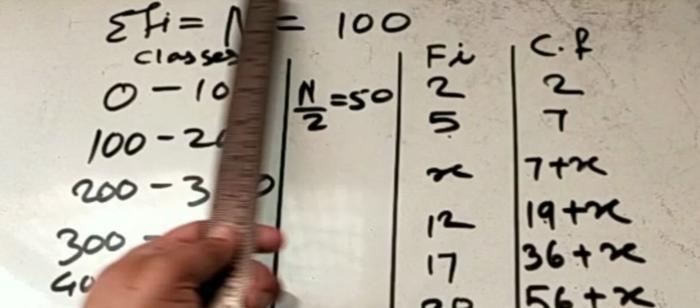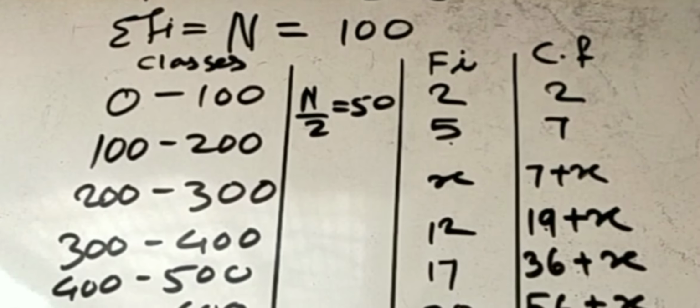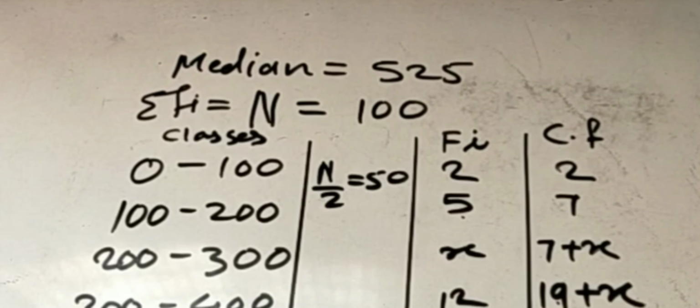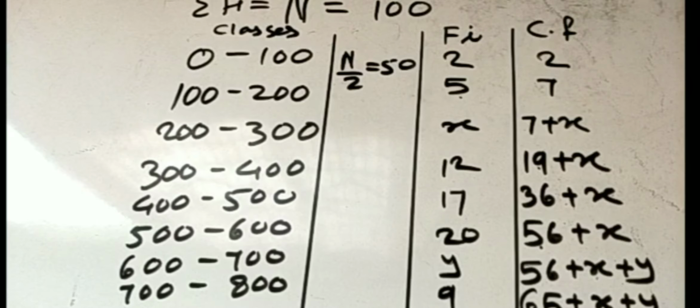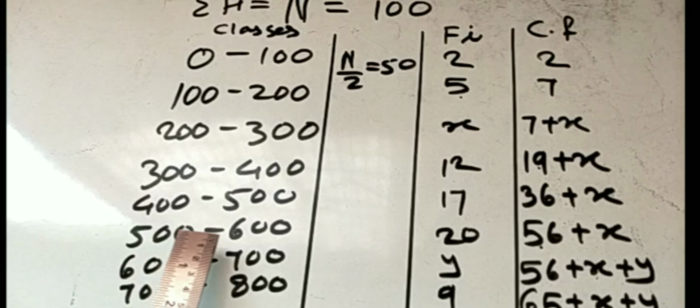And the median is also given. Median is 525. So in which class will 525 be present? Exactly, 500 to 600.